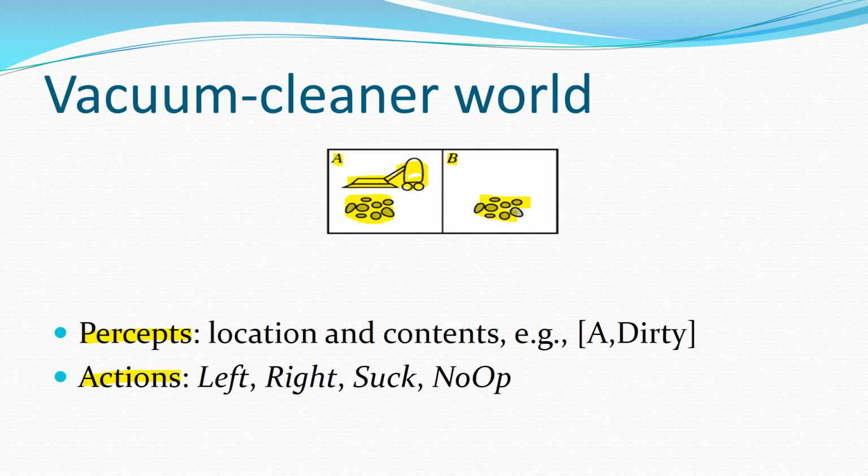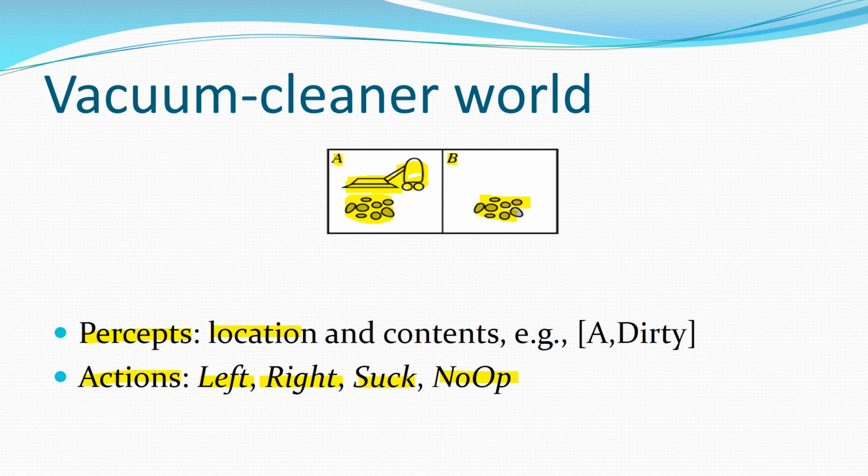That is, the vacuum cleaner will first sense from the environment in which room it is present, that is the location, and whether there is any dirt or not. So these two things the vacuum cleaner has to sense. Corresponding actions are left, right, suck and no op.